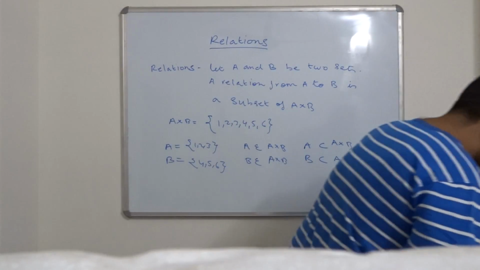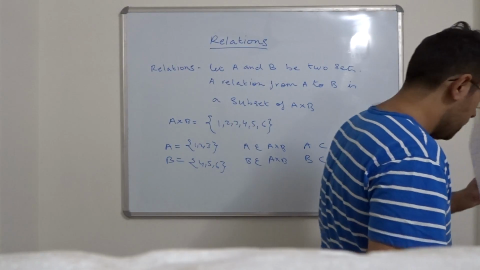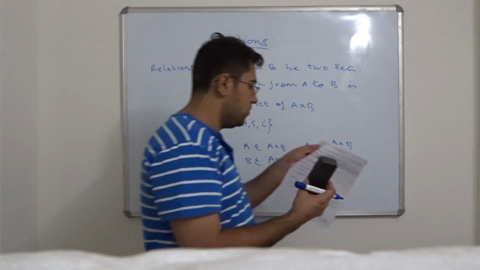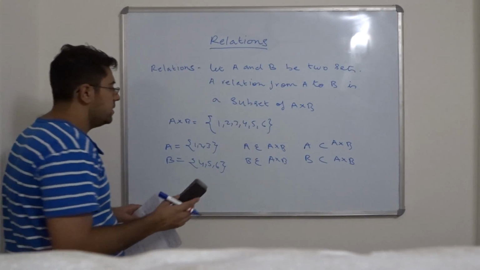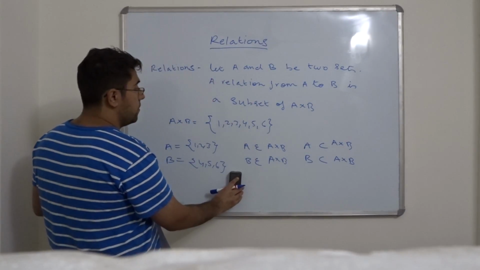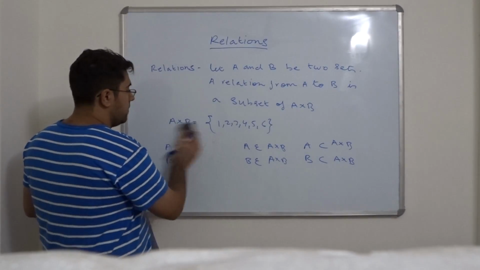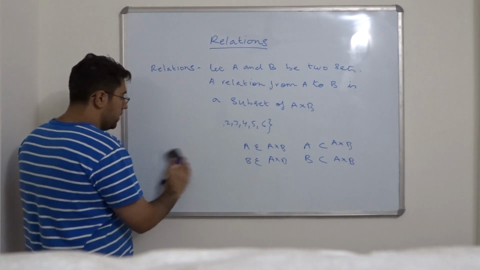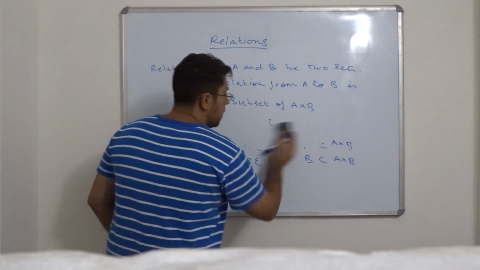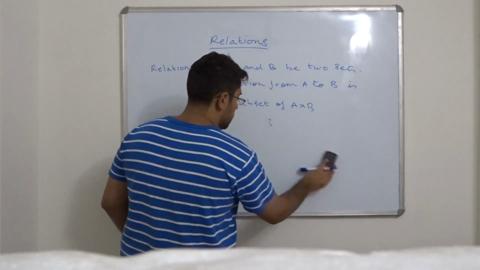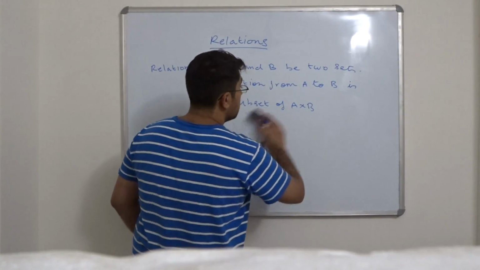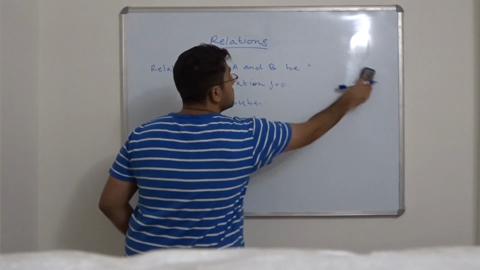So now we're going to move on to another part. We are almost done with this chapter. Now I know I'm going tremendously fast, but this is because I'm clearing the theory very fast.